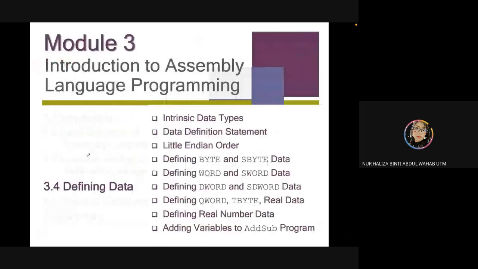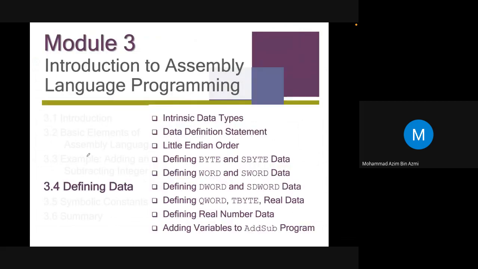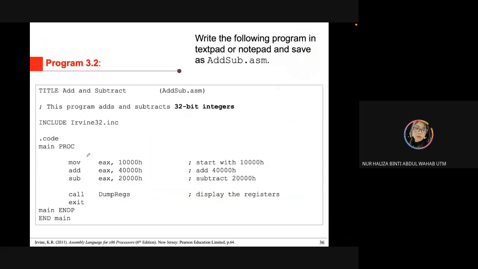Is it okay? And one more thing, just to confirm: is it include Irvine, include code, or include Irvine dot inc? No, we need to put dot INC. INC means include, right?